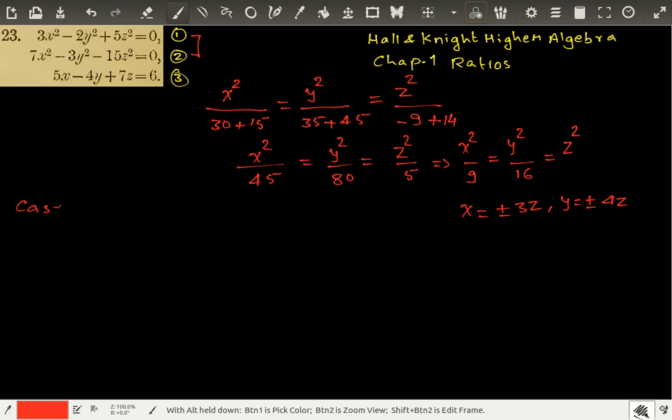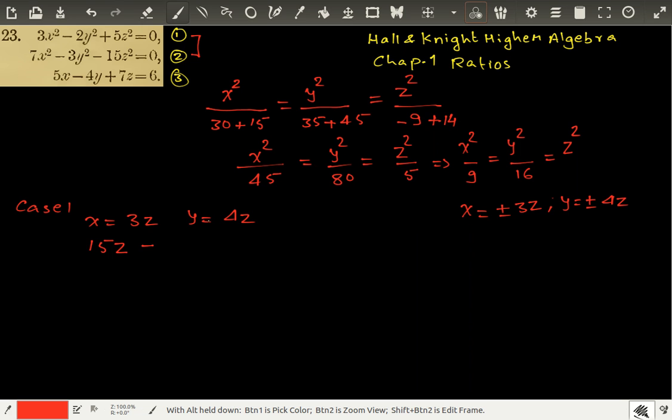Case 1 is x is equal to 3z, y is equal to 4z. This is case number 1, and we put the values of x in the equation number 3. So what we get is 3z times 5, 5x is actually 15z, minus y is equal to 4z.